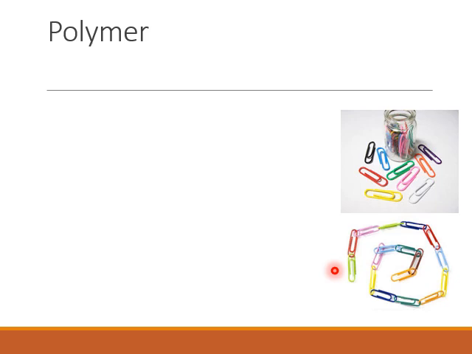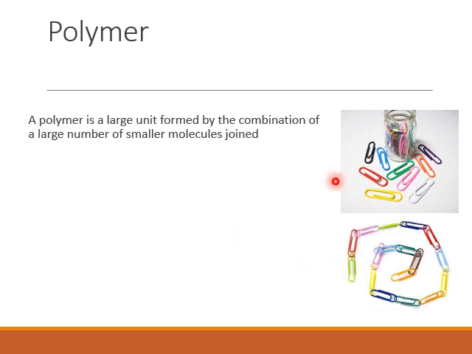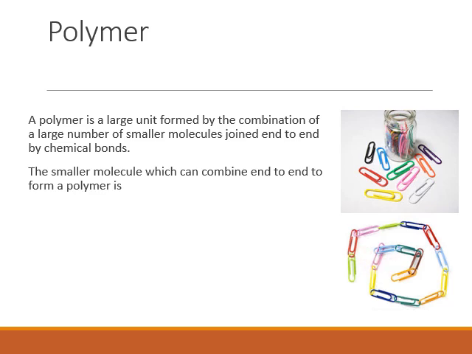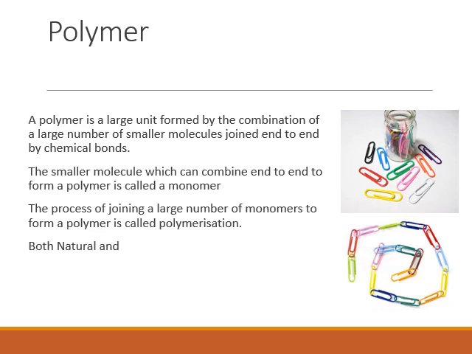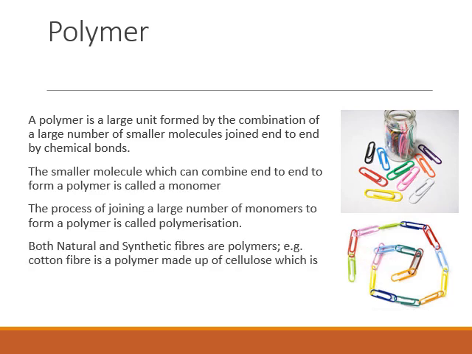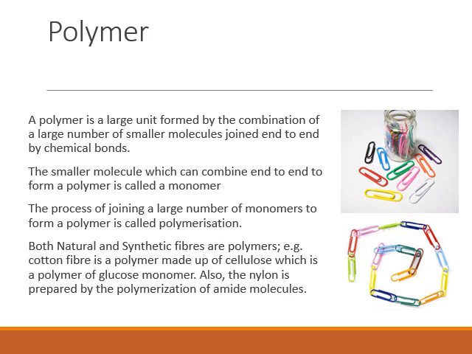Similarly, a polymer is a large unit which is formed by the combination of a large number of small molecules which are joined end to end with the help of chemical bonds.